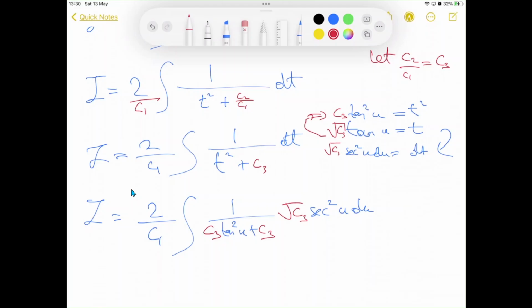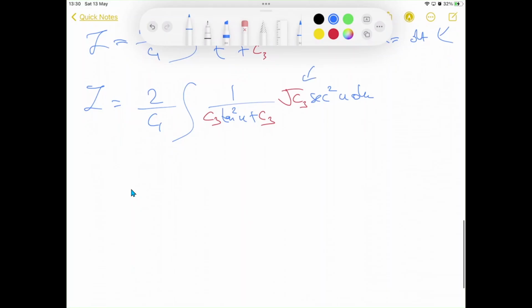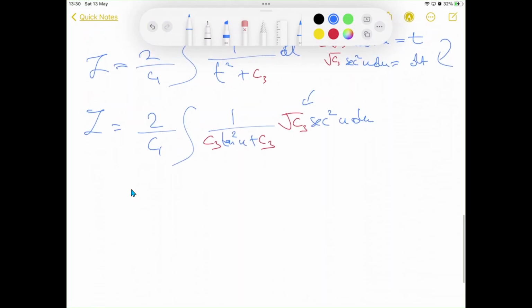Now, because the root c3 is a constant multiple, I can just factor it and bring it out of the integral. So 2 root c3 over c1 integral of 1 over this bit, c3 times tan squared of u plus c3.